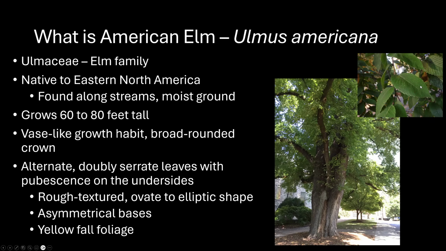If you look on the underside of the leaf, it is a little bit hairy to the touch. It has a little bit of pubescence. Overall, whenever you're touching the leaf, it's very scratchy, very rough textured. And a lot of times the base of the leaf itself is pretty asymmetrical.